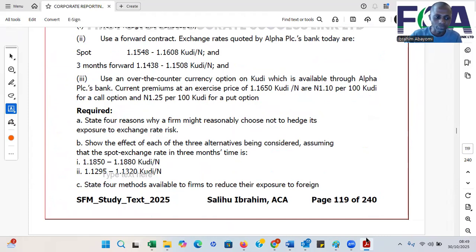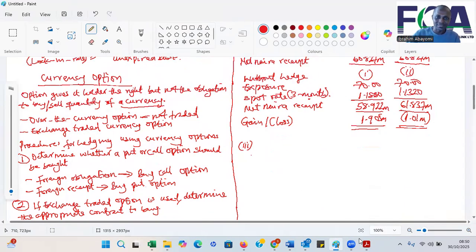Currency option contract. Use an over-the-counter currency option for Kudi, which is available through Alpha PSC Bank, at current premium at an exercise price of 1.18. Now, let's go and see that.